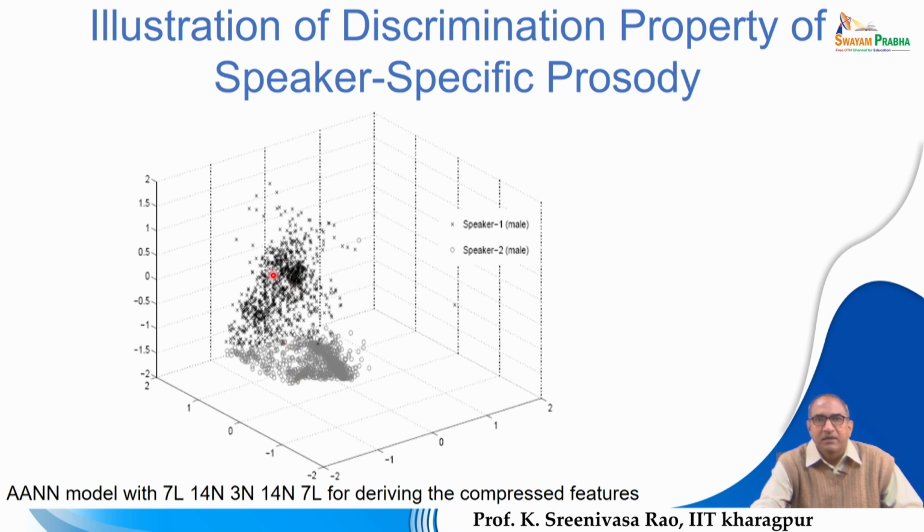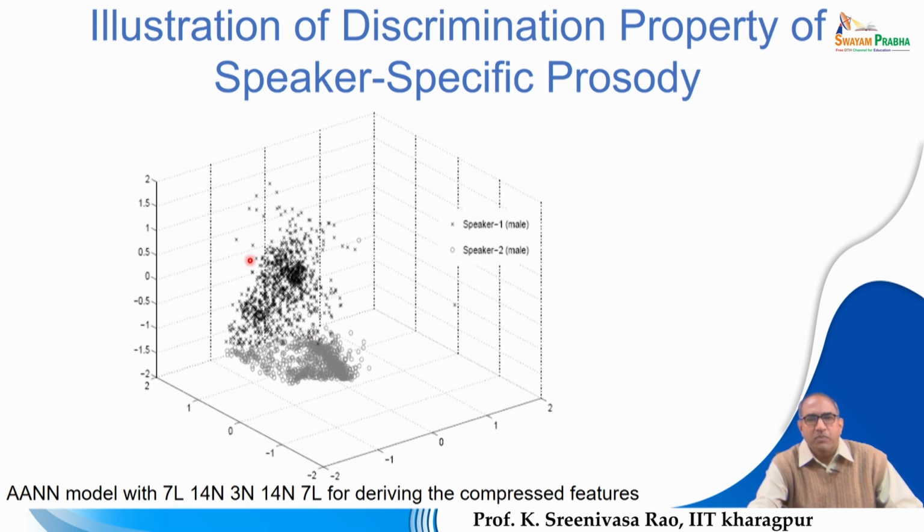Suppose we plot the data of 2 speakers, using this auto associative network to capture the compact features. If you tap the features from the middle layer and plot the 2 speakers' speech, you can see that the features are very well discriminated.